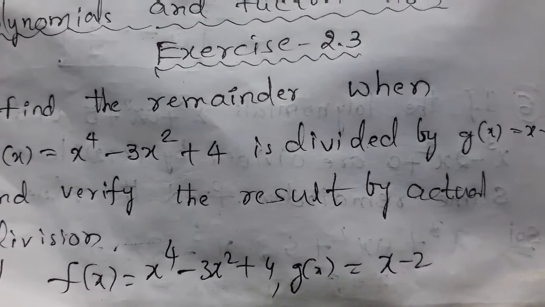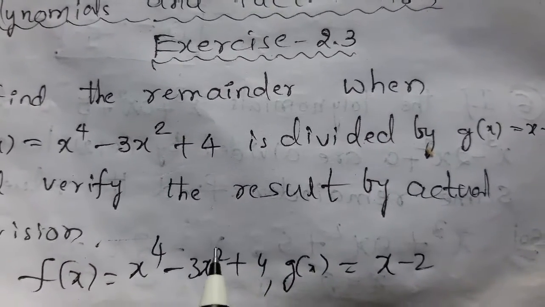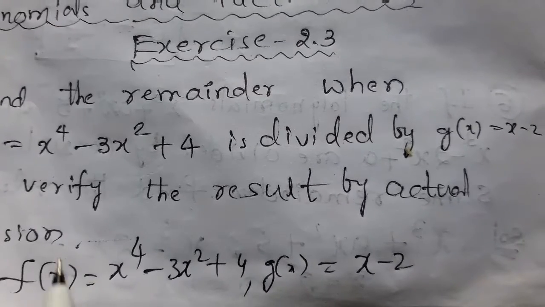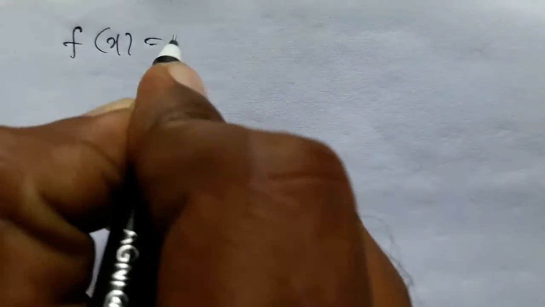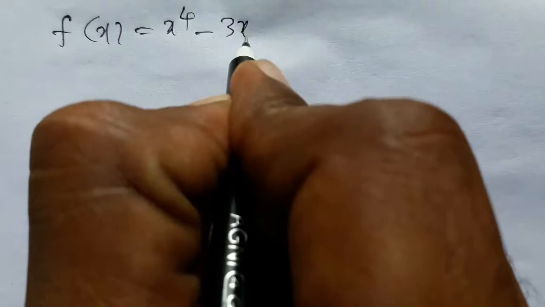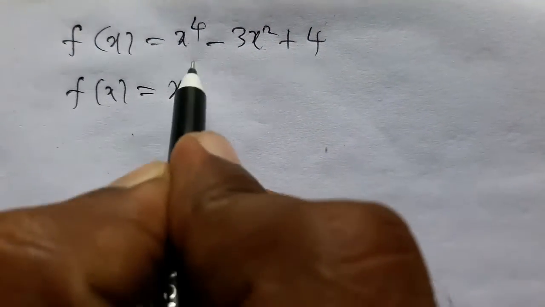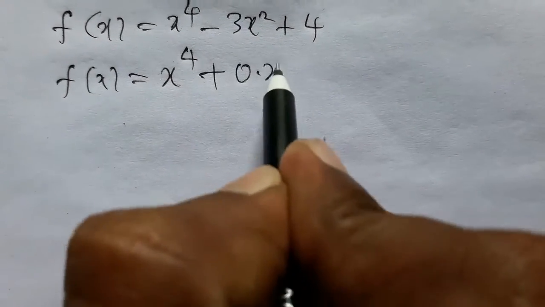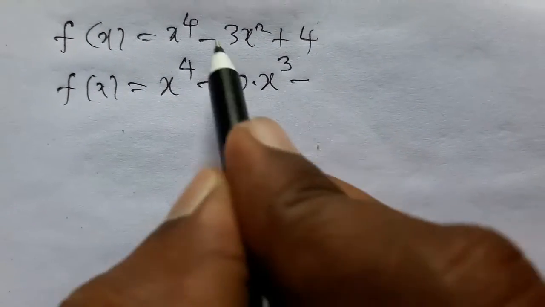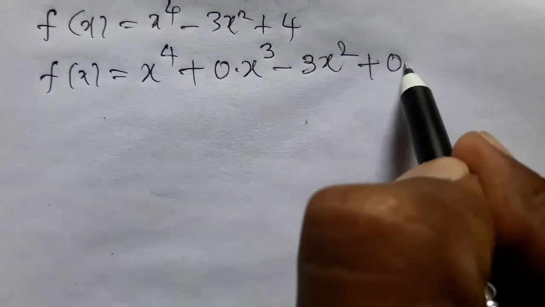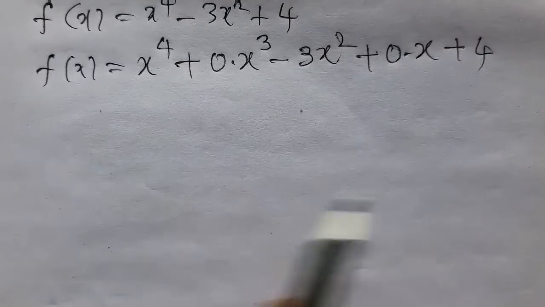Now see, in this f of x there is no x cube and x term, so that's why we can rewrite this f of x once again. f of x is x power 4 minus 3x square plus 4. This can be rewritten as f of x is equal to x power 4 plus 0x cube minus 3x square plus 0x plus 4, isn't it?